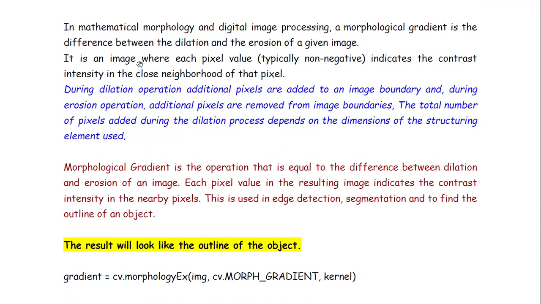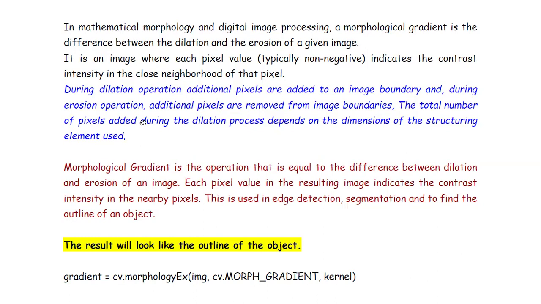It is an image where each pixel value, typically non-negative, indicates the contrast intensity in the close neighborhood of that pixel. During the dilation operation, additional pixels are added to an image boundary, and during the erosion, additional pixels are removed from the image boundaries.